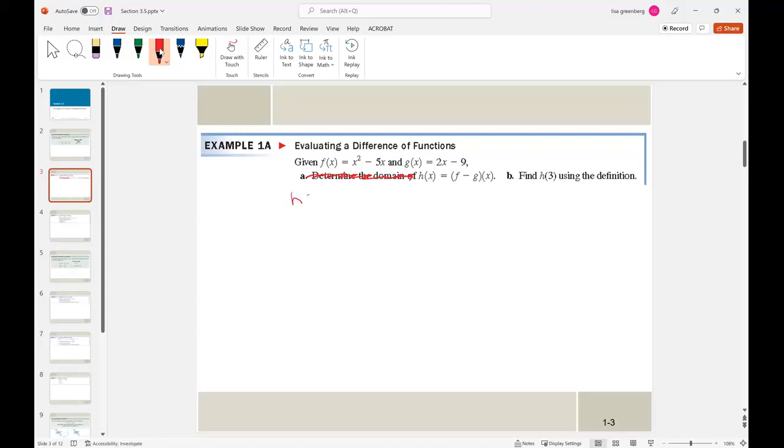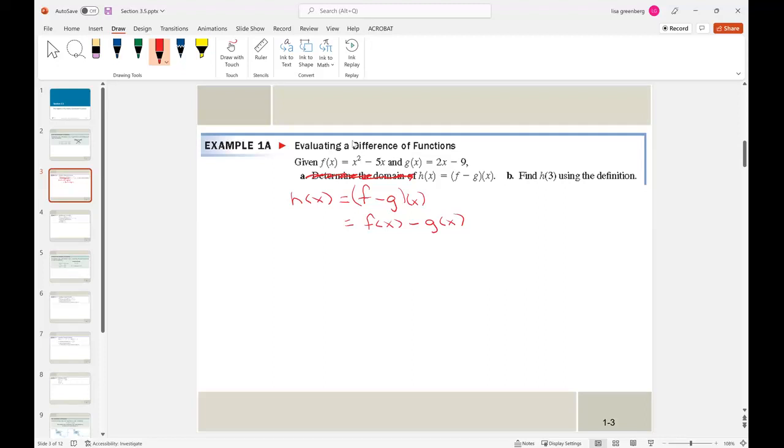So h of x is equal to f minus g of x. Hold on one second. Okay. And then this is equal to f of x minus g of x.